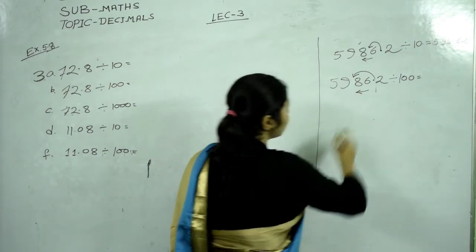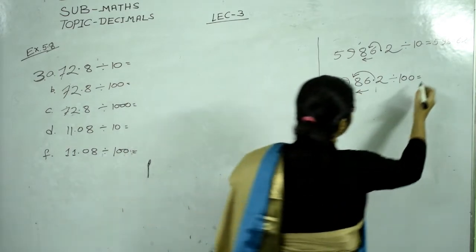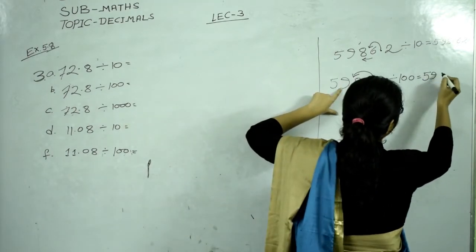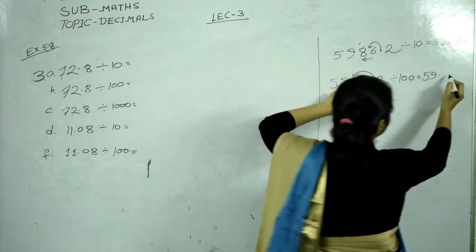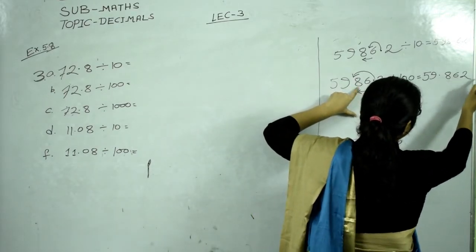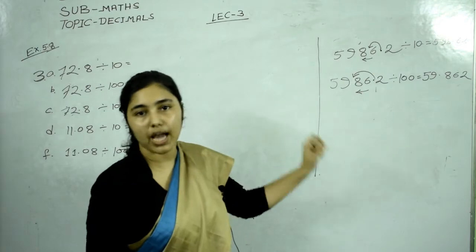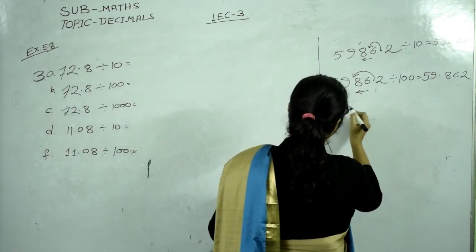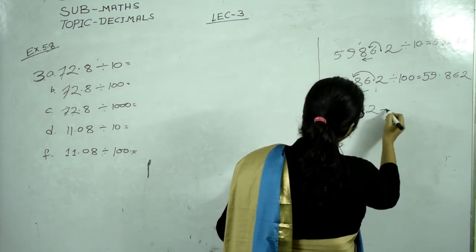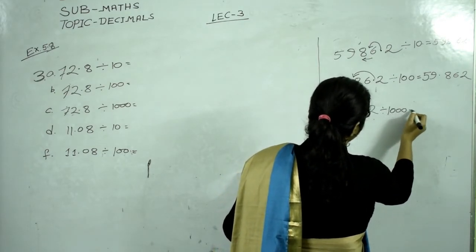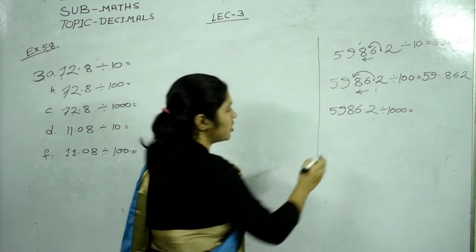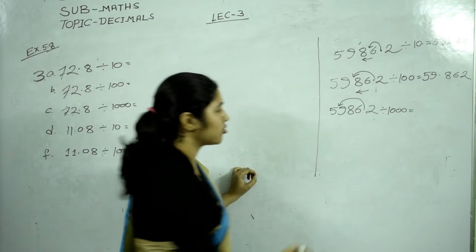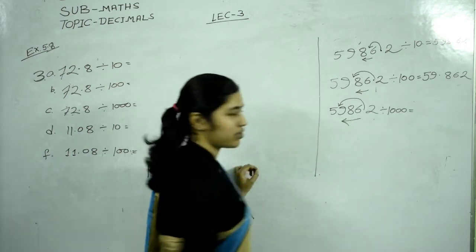So 59.862. And next, if we divide the same number by 1000, again the point will shift 3 places to the left.